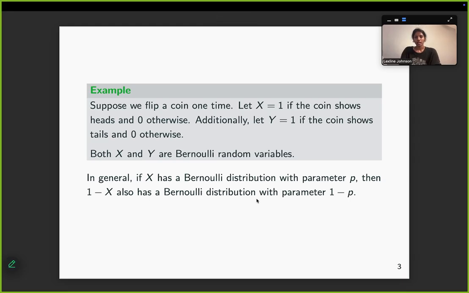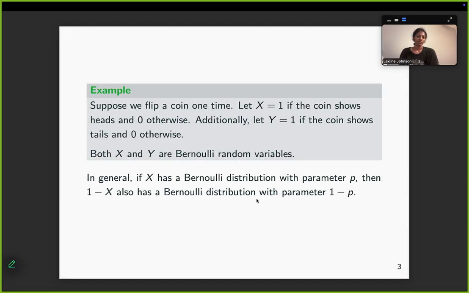So an example of our Bernoulli random variable: suppose we flip a coin one time. Let X equal 1 if the coin shows heads, and 0 otherwise. And we can let Y equal 1 if the coin shows tails, and 0 otherwise. Both X and Y are Bernoulli random variables.